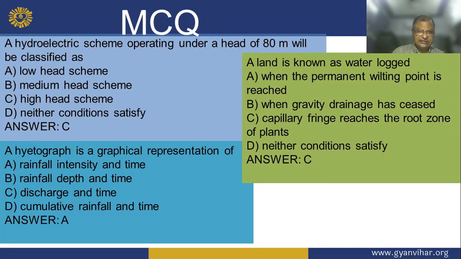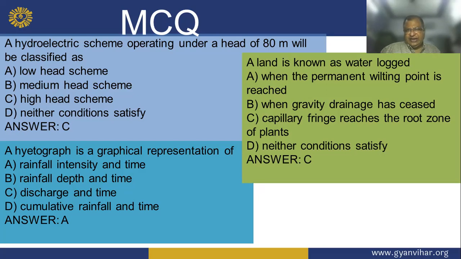The correct answer is C, high head scheme. And next question: a hydrograph is a graphical representation of... Yes, which is the correct answer? Yes, the correct answer is A, rainfall intensity and time.